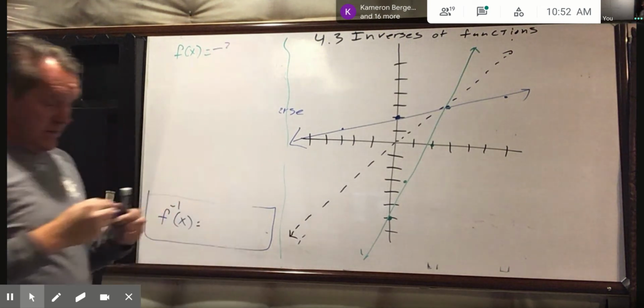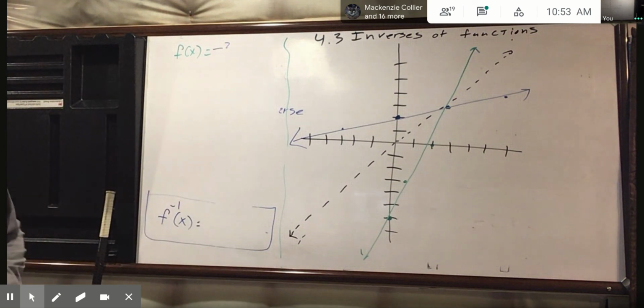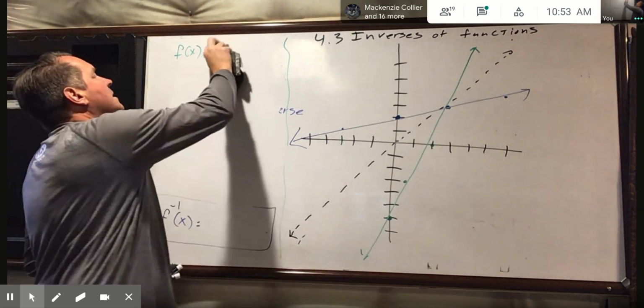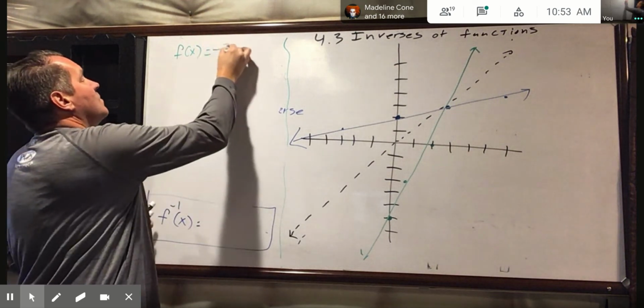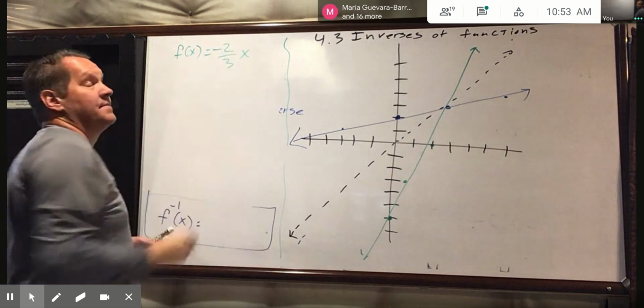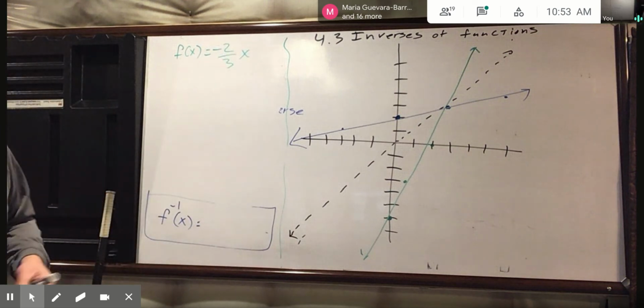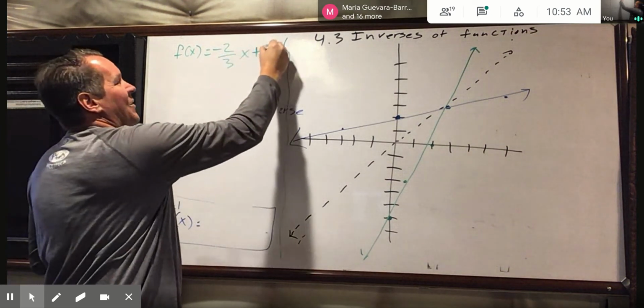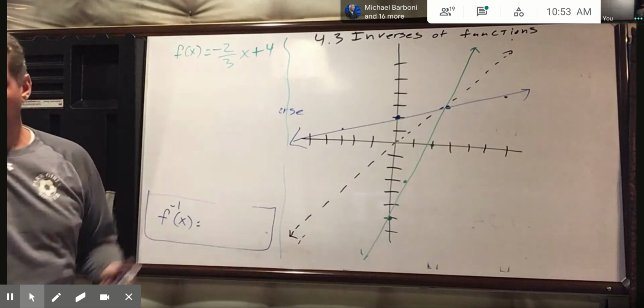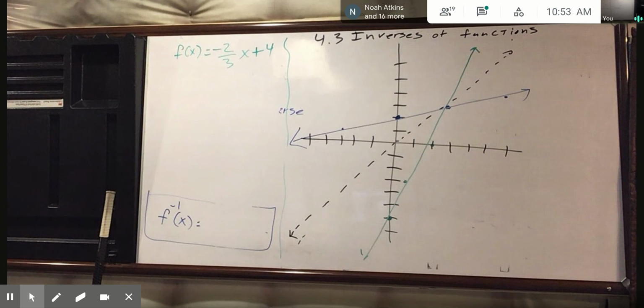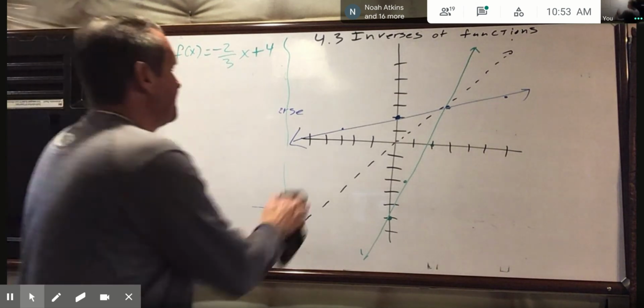I'm going to use green, dang it. So right now, graph that function. And this fraction is going to cause us a little bit of headache, but I'll work through that with you in this example.